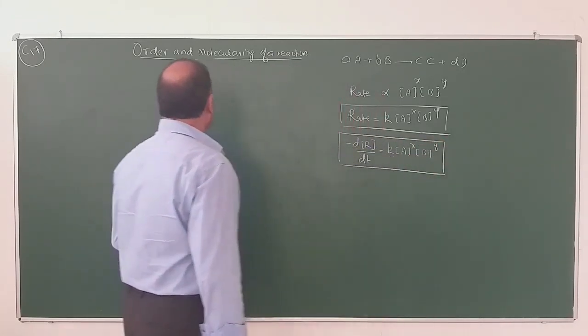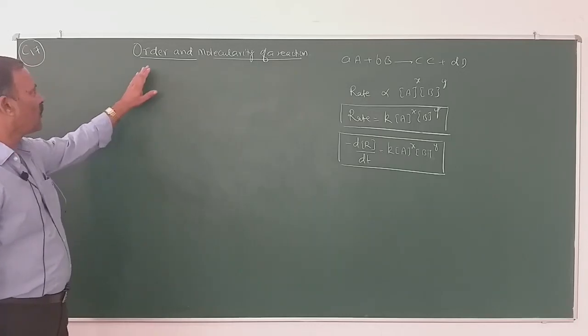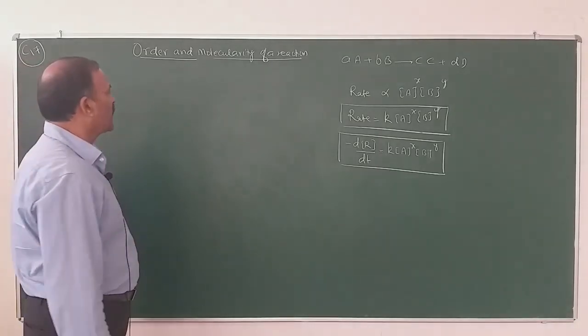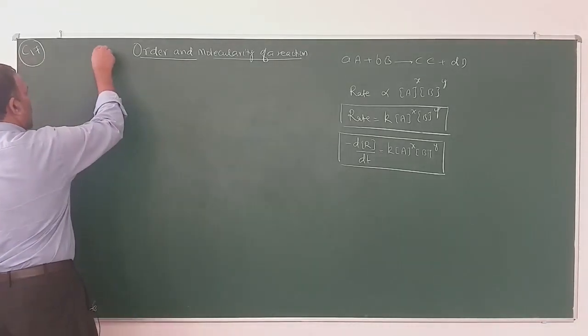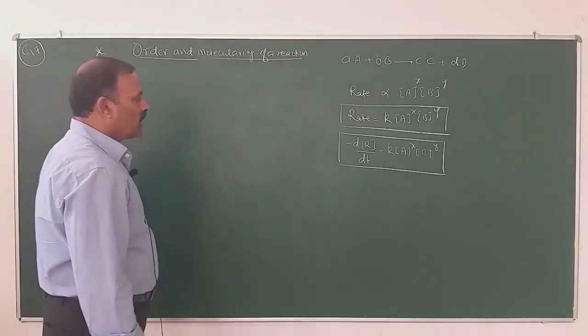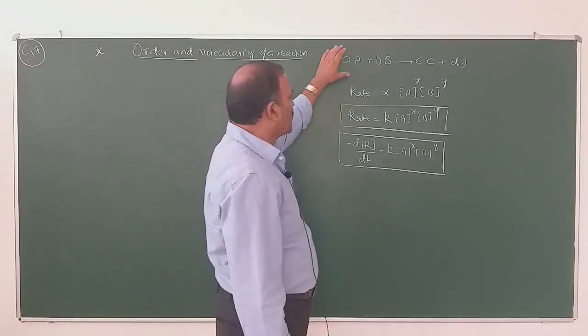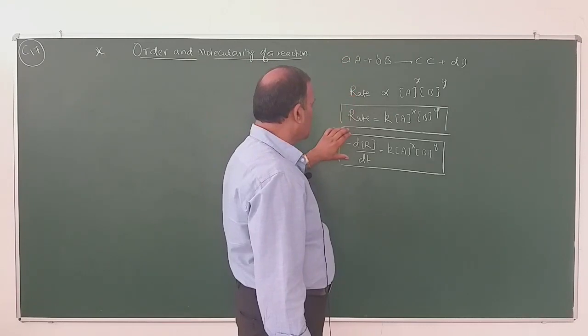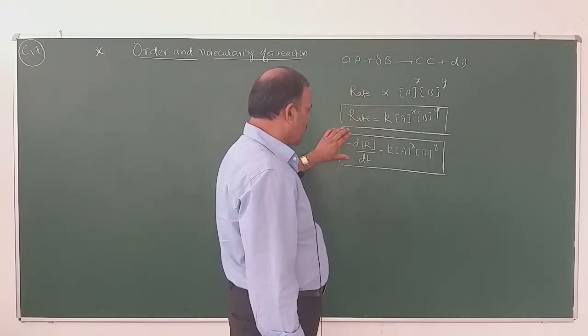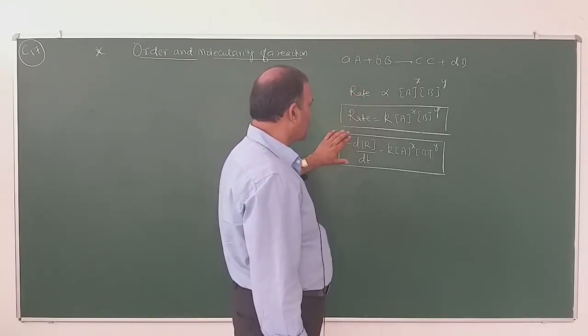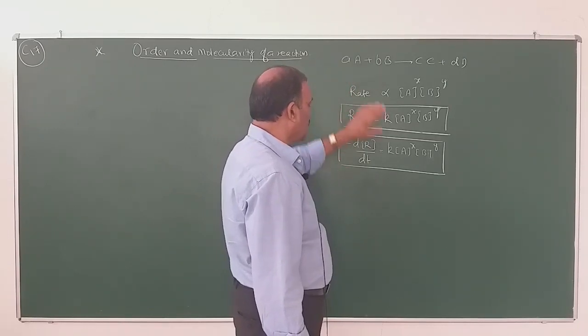So now we will understand what is the meaning of order and molecularity of a reaction. This is very important. So here this is the general reaction and this is the rate expression. This is the experimental rate expression for this reaction.